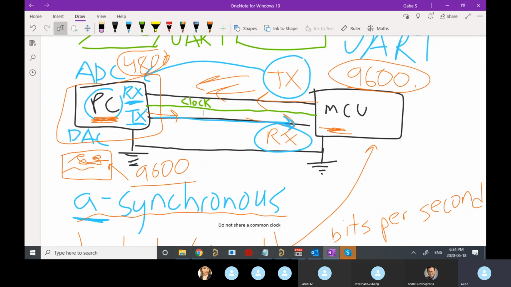Both systems know exactly what the ground truth clock is, and depending on how fast that clock is running, they know exactly at what rate to interpret the data. But without this clock in UART, you need to be very, very clear that you've agreed on the same baud rate, right? If they differ, it's not going to work.